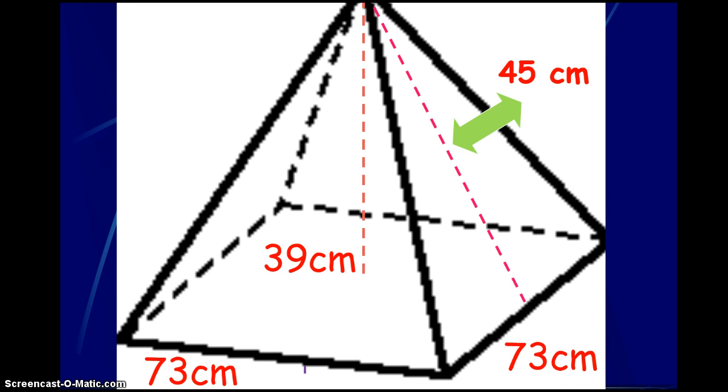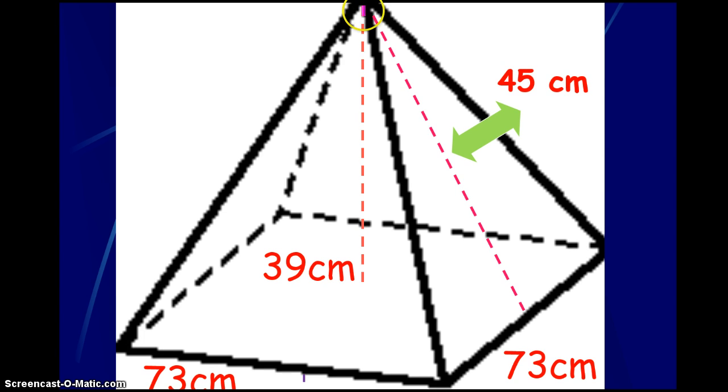We want this measure here, the straight up and down height. We want to measure the space inside, and the height is going to allow us to do that. It's always going to form a perpendicular relationship to the base. So if you're using a highlighter, we would highlight the height.